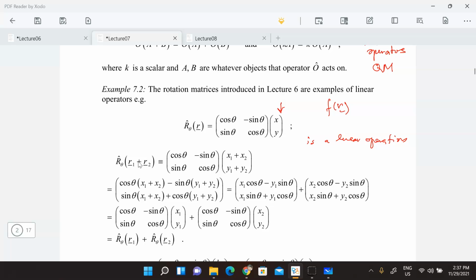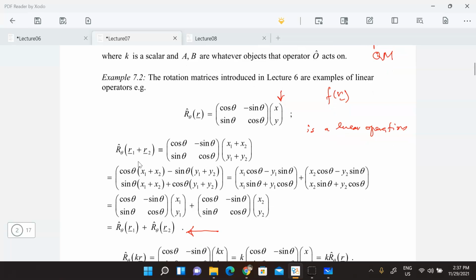So I can take, for example, the addition of two vectors over here. I have x1 plus x2 for the x component, y1 plus y2 for the y component, and then I do the rotation matrix onto these vectors, and I can similarly decompose the answer into this form, which is precisely the thing that you need for the definition of a linear operator.